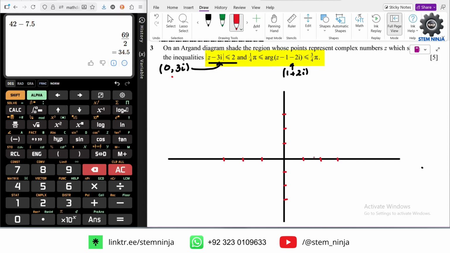So 0, 3i is this one, and this is the radius, and the circle radius is 2, so we need it up till over here, right?